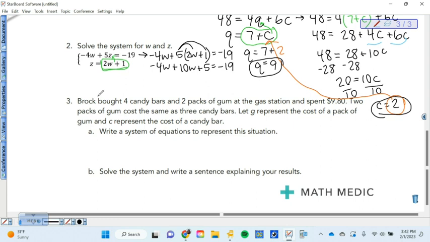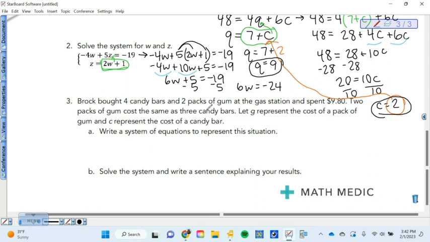And now we combine like terms. My like terms are right here, negative 4W and 10W. What's negative 4 plus 10? 6W plus 5 equals negative 19. And now what? Subtract 5, subtract 5. So 6W equals negative 24.